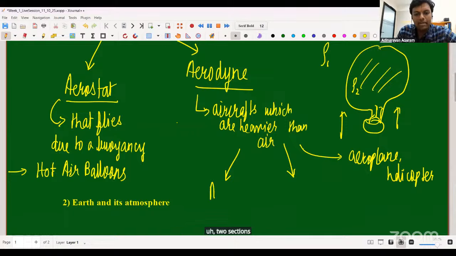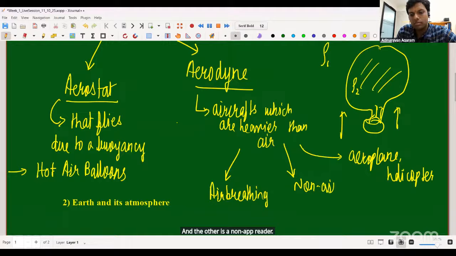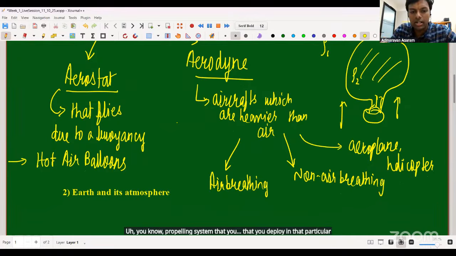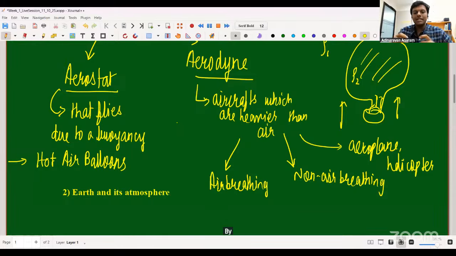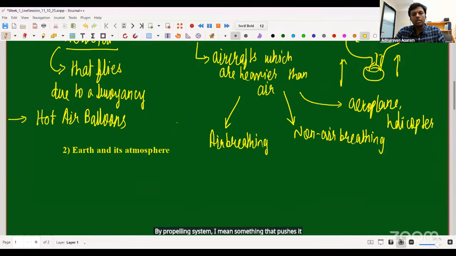This aerodyne is further classified into two sections. One is called air breathing, and the other is non-air breathing. This pertains to the kind of propelling system that you deploy in that particular aircraft. By propelling system, I mean something that pushes it forward. Air breathing, as Sir explained, is, for example, a turbojet.